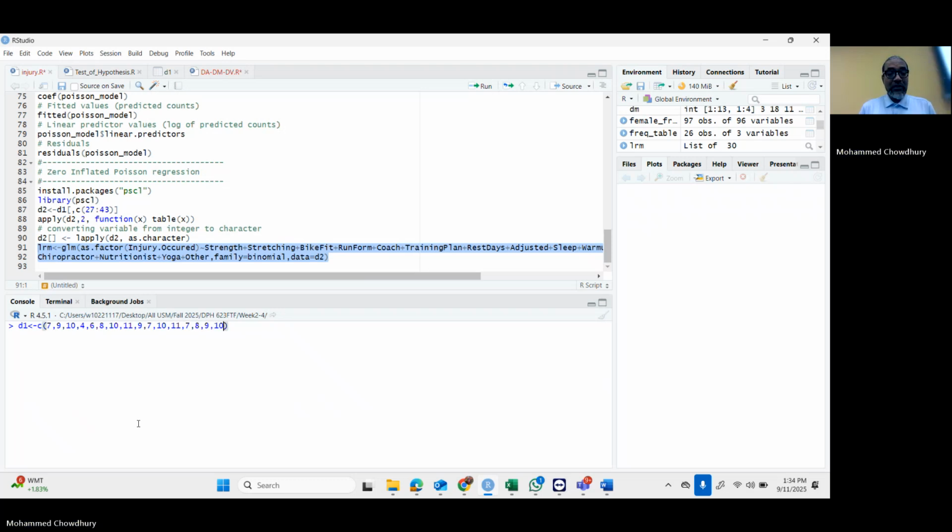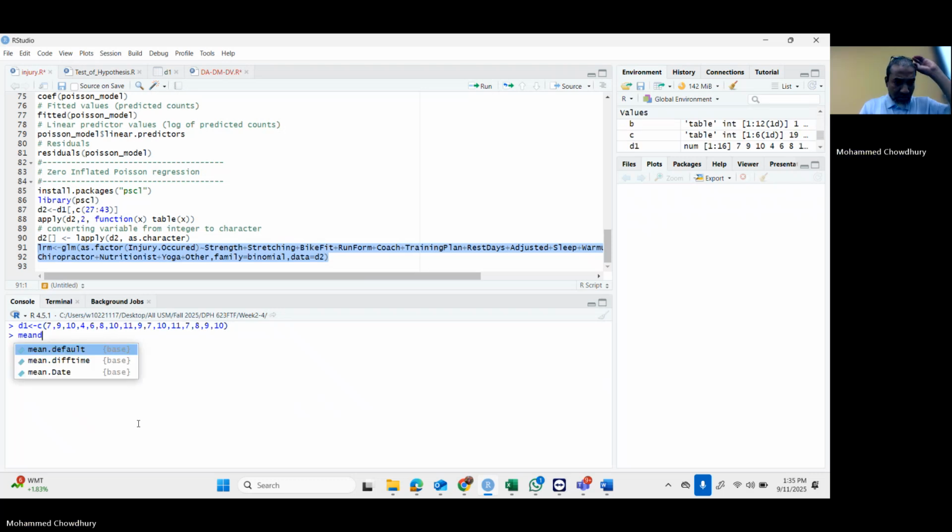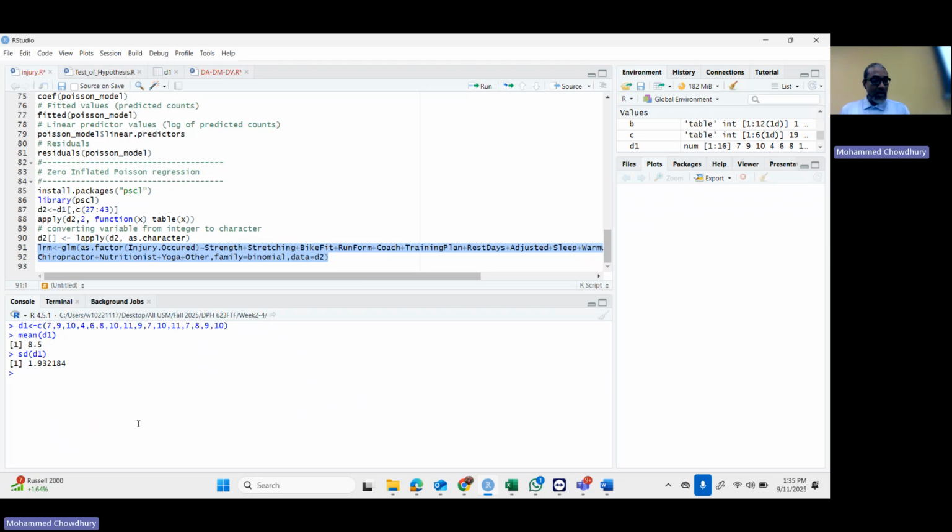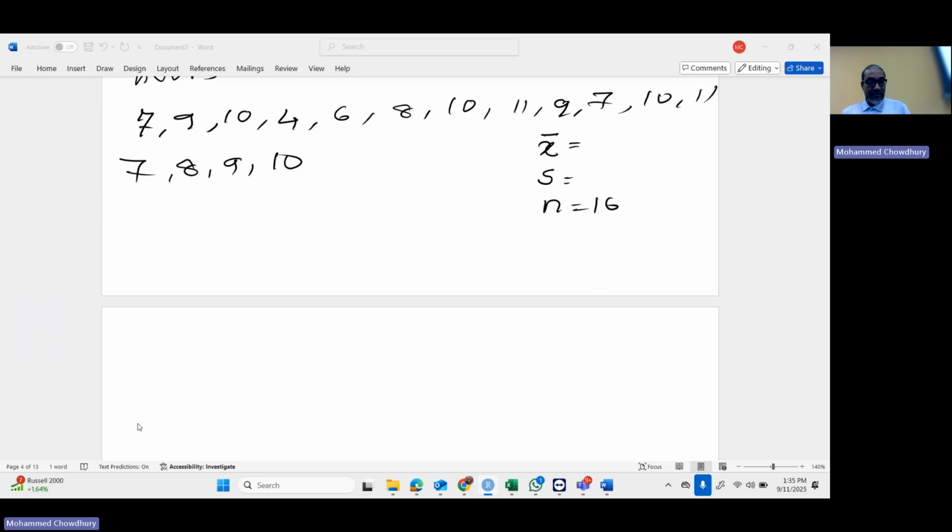This is the numbers we have. I want to find the mean and the standard deviation. Mean and standard deviation I have are 8.5 and 1.93.